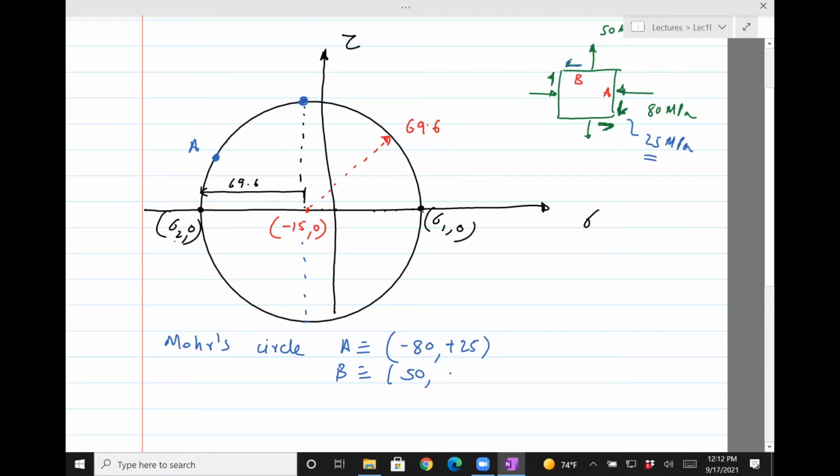So I put it with a negative sign. So it'll be the point 50, so it'll be close to here. And then minus 25 is exactly the mirror of the y coordinate of A. So B, and then I can join that if I need to.